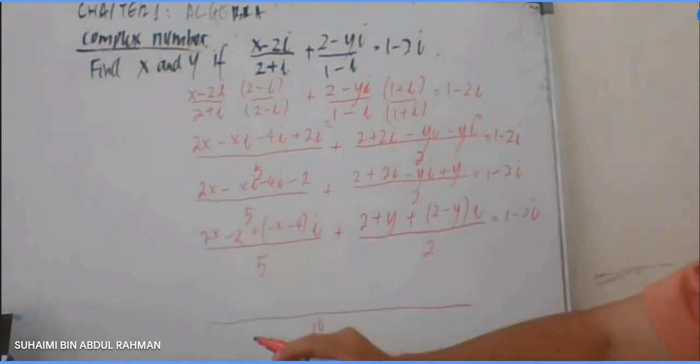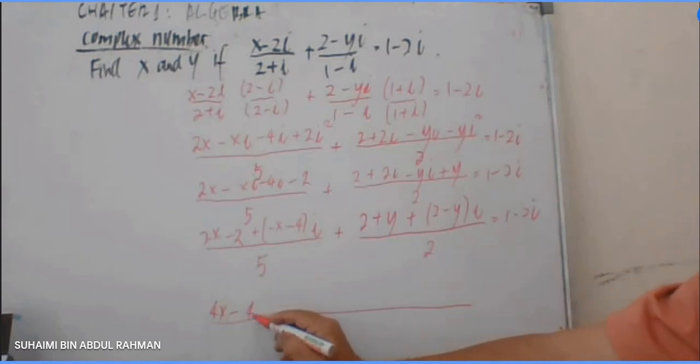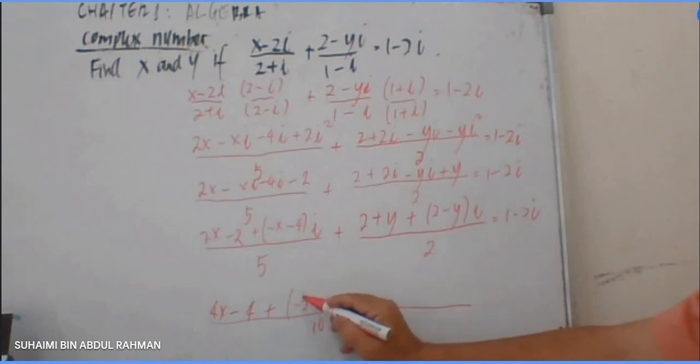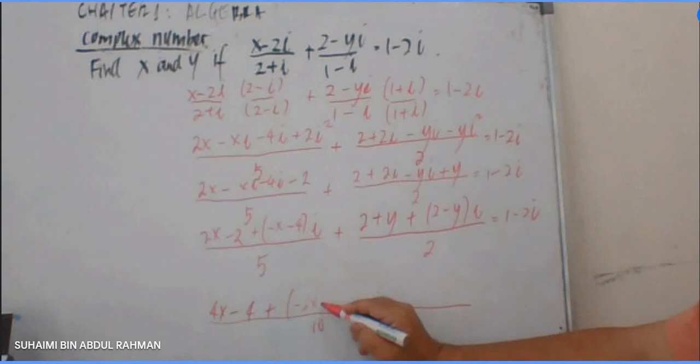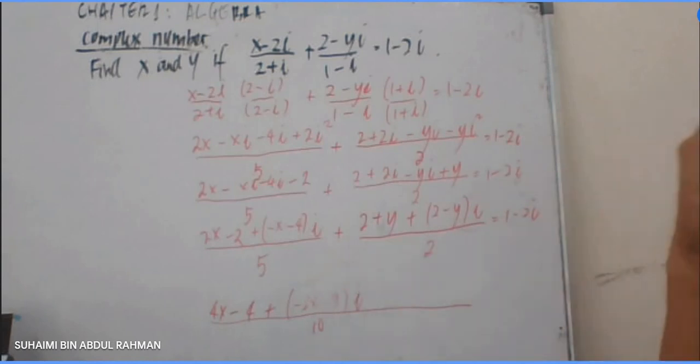So the numerator becomes 4x minus 4 plus minus 2x minus 8i after we multiply by 2.